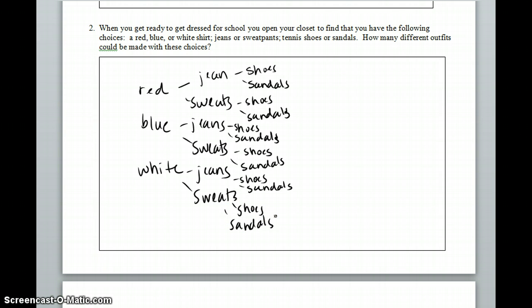Okay, so that means we could have a red shirt and wear jeans and wear shoes, a red shirt, jeans and sandals, a red shirt, sweatpants and shoes, or a red shirt, sweatpants, and sandals.